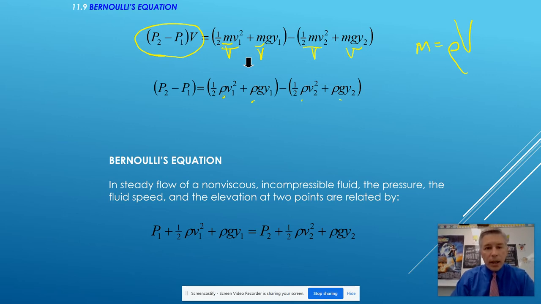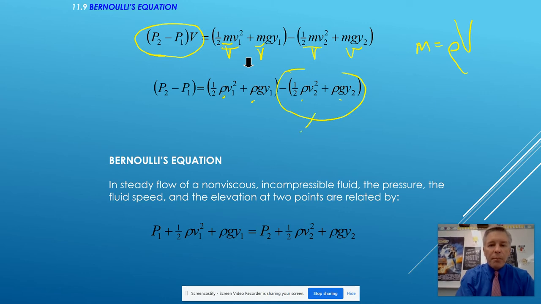What we end up with, if I bring all of the 2s together and all of the 1s together, since I was subtracting all the 2s here, I can bring them over to the other side and they'll be positive. I can take this pressure and bring it over to the other side, and it's going to be positive.